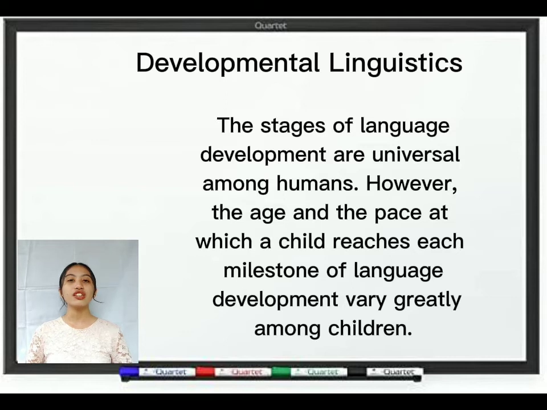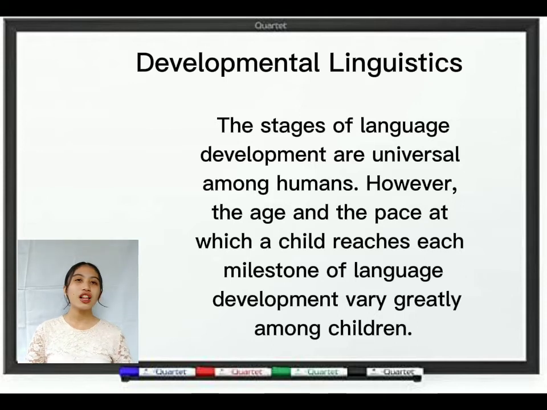From birth up to the age of 5, children develop language at a very rapid pace. The stages of language development are universal among humans. However, the age and the pace at which a child reaches each milestone of language development vary greatly among children.